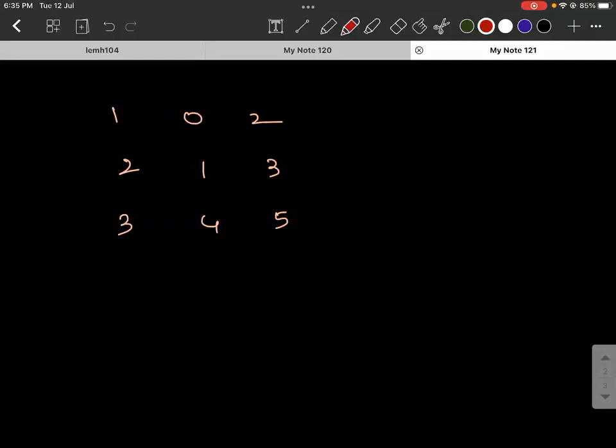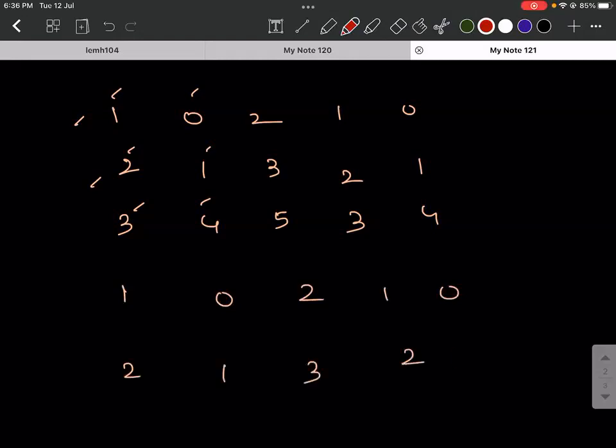So take the first two columns and repeat them in the columns: 1, 0, then 2, 1, then 3, 4. Is it right? Then repeat the rows: 1, 0, 2, 1, 0, 2, 1, 3, 2, 1.